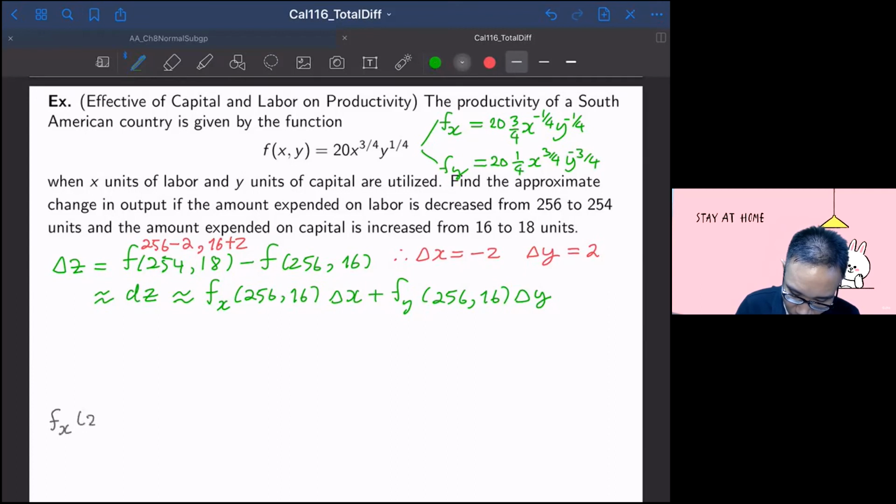Okay, and this one will be fx at (256,16). So this will turn out to be 5 here, so it's going to be 15 times (y over x) to the 1/4, so it's going to be 16 over 256 to the 1/4.